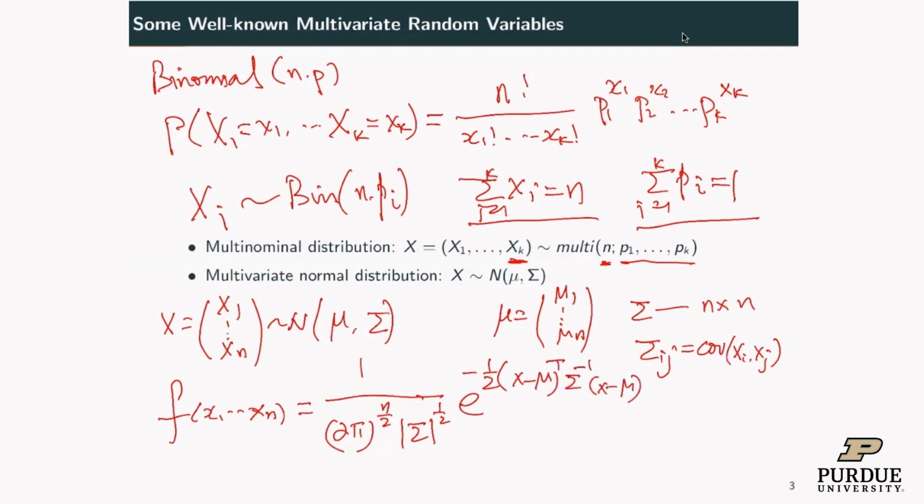Here x can be anything. So this is a joint PDF, this is a determinant, and this is an inverse. That's a multivariate normal distribution. It's an important multivariate distribution.